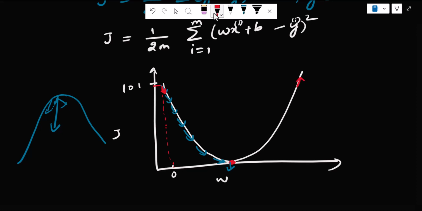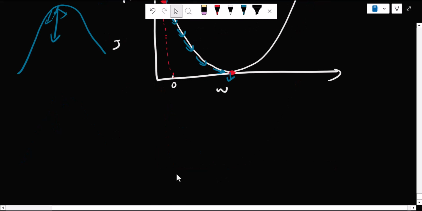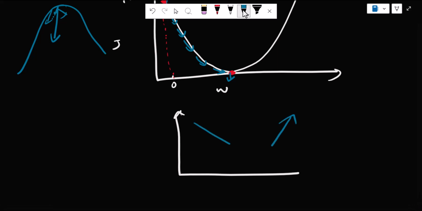Now when we talk about this, let's talk a little bit about slope, which we might be aware of from our school days. So what is slope? Let's say we have 3 lines. One is going in this direction, one is going in this direction, and one is parallel.